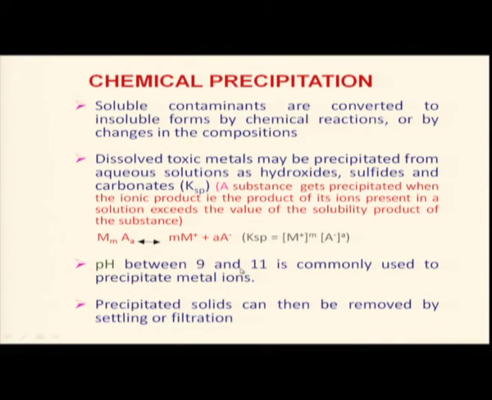Most of the metals can be precipitated by adding either sodium hydroxide or lime, that is calcium hydroxide, or sometimes magnesium hydroxide. We can add this to raise the pH between 9 to 11. Most of the heavy metals will be precipitated out, and then these precipitated metals will be removed by settling and/or filtration.